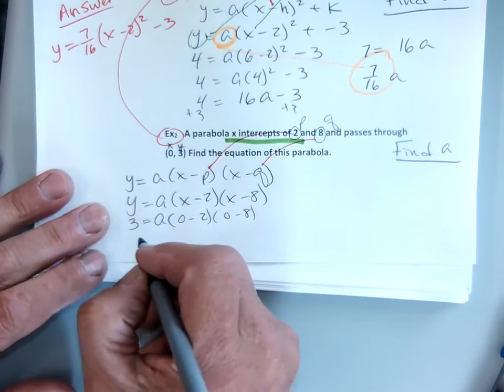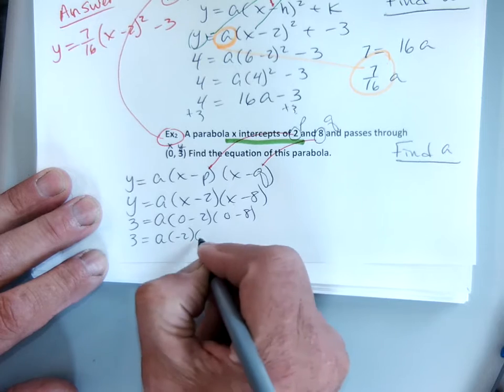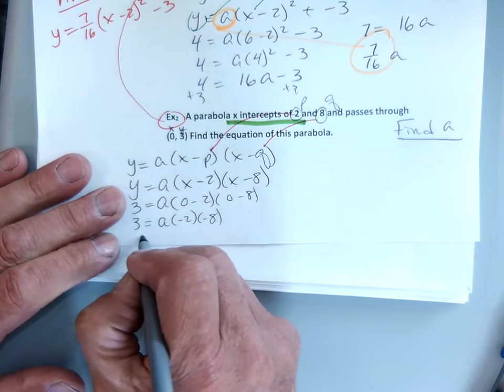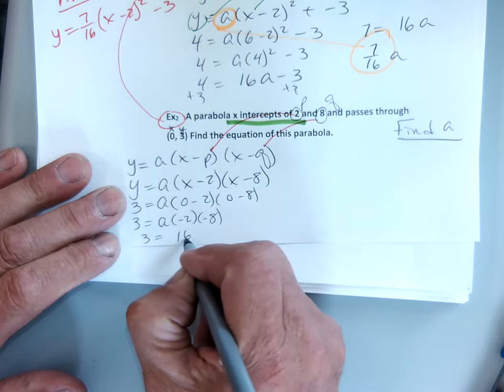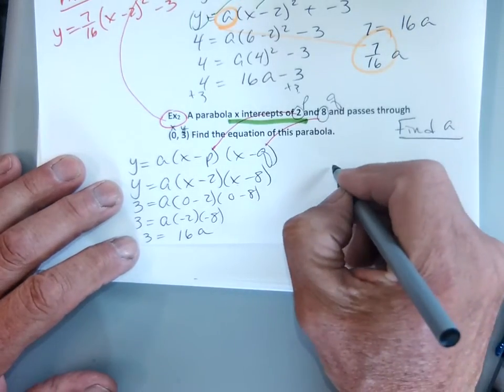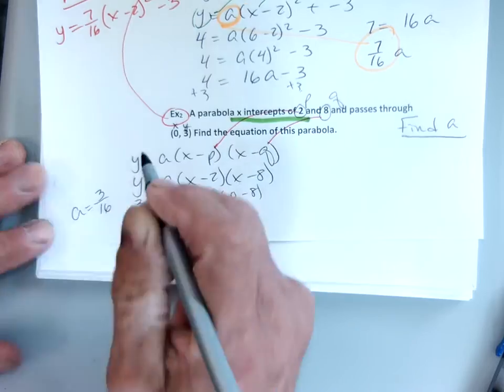All right, I'm going to have then a 3 equals a times negative 2 times negative 8, because, you know, 0 minus 2 and 0 minus 8. Negative 2 times negative 8 is 16. Divide by 16, and it's 3/16, right? So a is equal to 3/16.